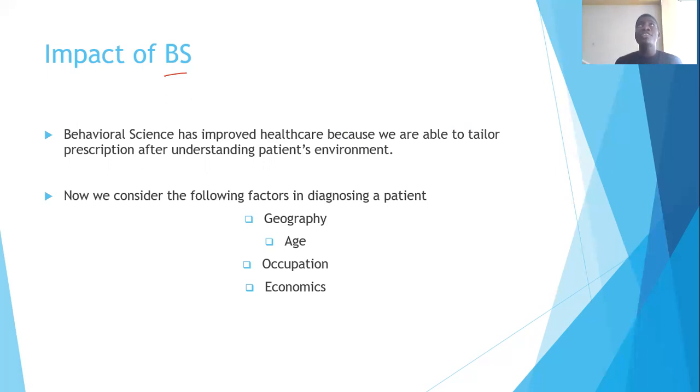What you do is provide drugs with different forms of efficacy, yet would heal, so that each of them can afford and purchase the drug and use it. Or else, if you just give them any drug at all, the poor man may be tempted to die because the drug is too expensive. You understand? That is the very reason why we look at behavioral science.